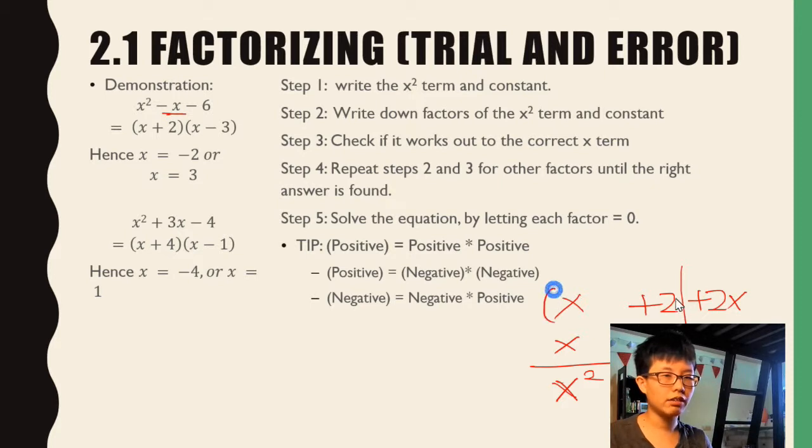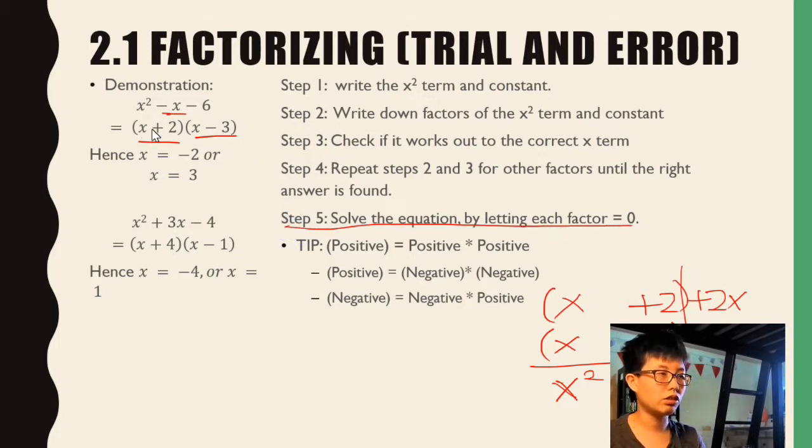So we can write this down and say that the two factors are x plus 2 and x minus 3. And hence, we can solve the equation by letting each factor equal 0. If x plus 2 equals 0, we can say that x equals negative 2. And if x minus 3 is equal to 0, we get x equals 3.